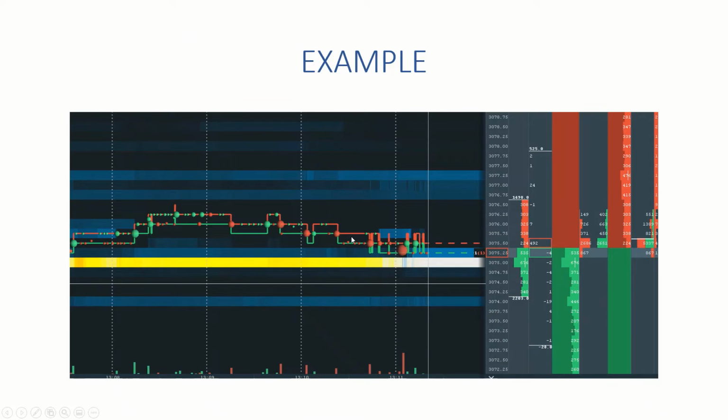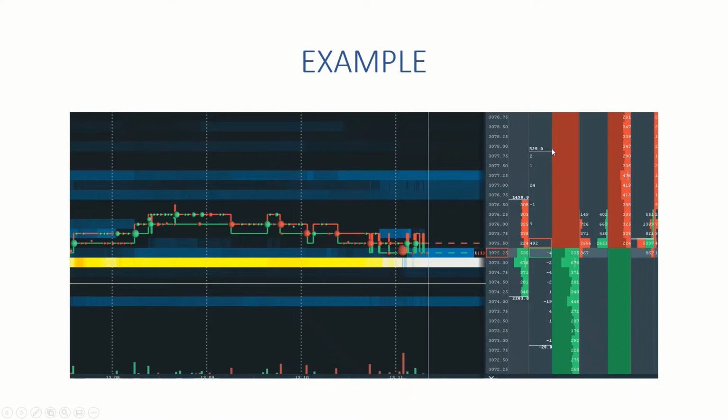From this example, I can see that there's a little bit of a downtrend. There's a level over here of support, and this level was quite strong, not super strong, but quite strong. Some bids are getting pulled. You can see that from the colors, going from yellow to white. And what I like to see is right here.